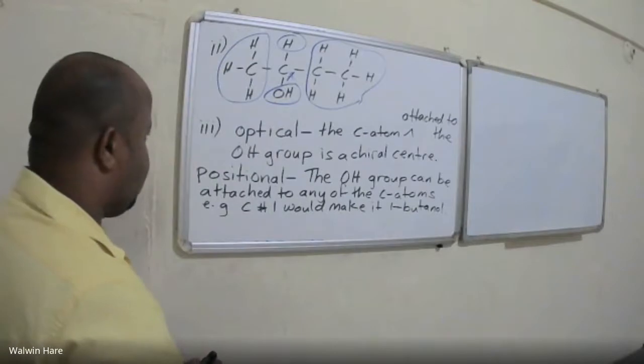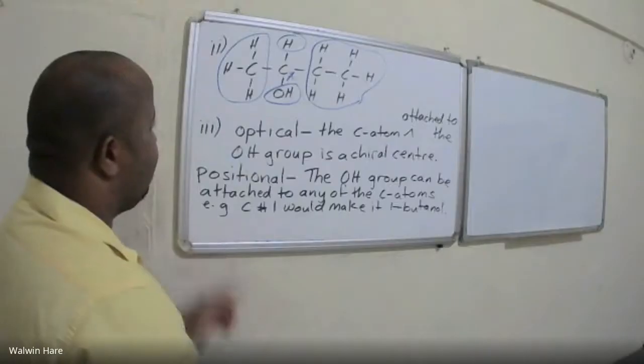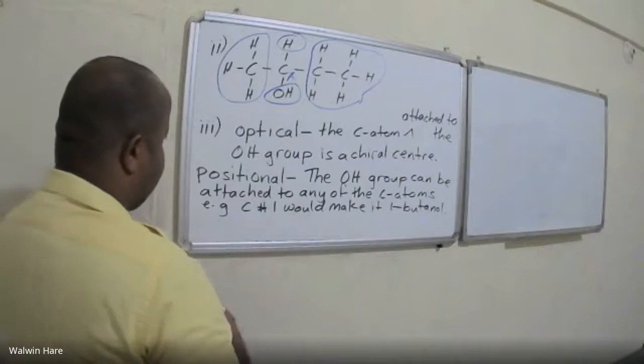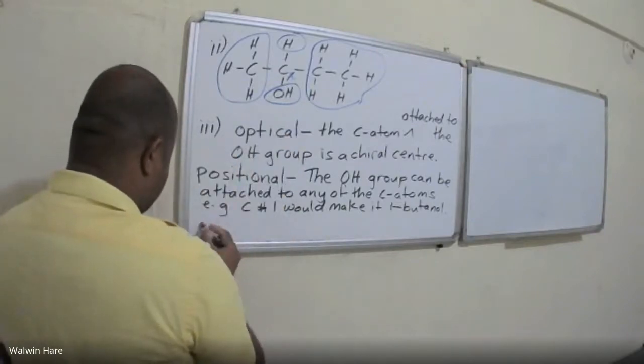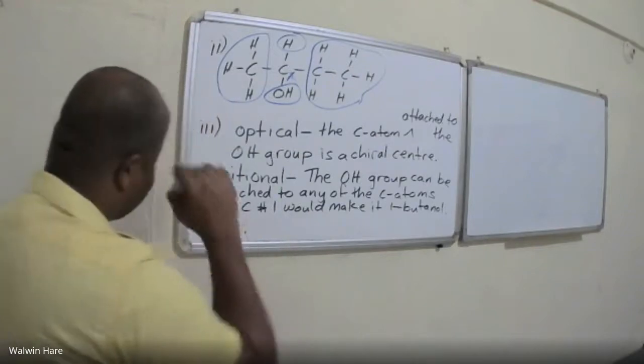There's a mixed isomerism that it can exhibit. I can get chain isomerism out of it. So we can get optical, we can get positional, we can get chain isomerism, right?